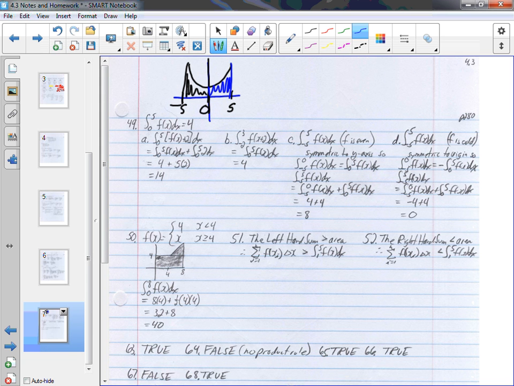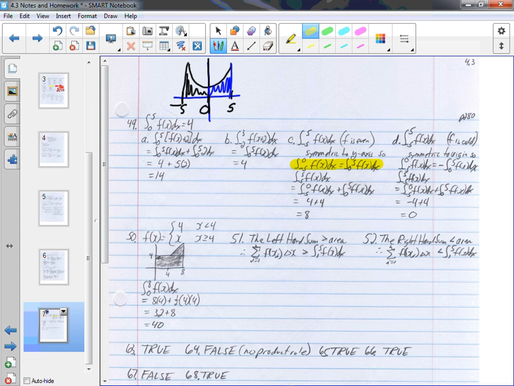So when you know you have an even function, you can use that to your advantage. So they're wanting us to find the integral from negative 5 to 5. They didn't tell me this, I figured this out because I know what even means. So you do need to know what even means. That'll be on the AP test as well.